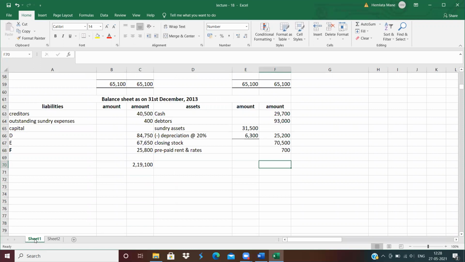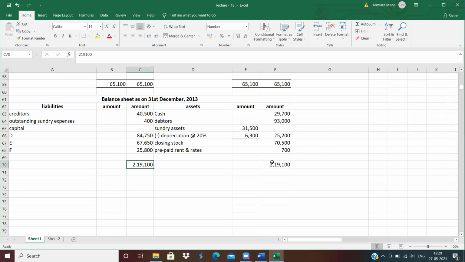Same as the total of the asset side also. All the amounts should be added. Total of asset side is also the same, 2,19,100. Getting it? I hope all of you understood.